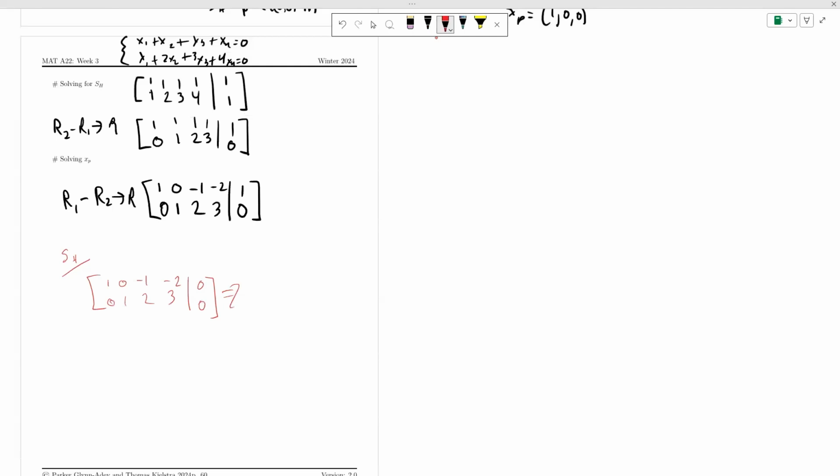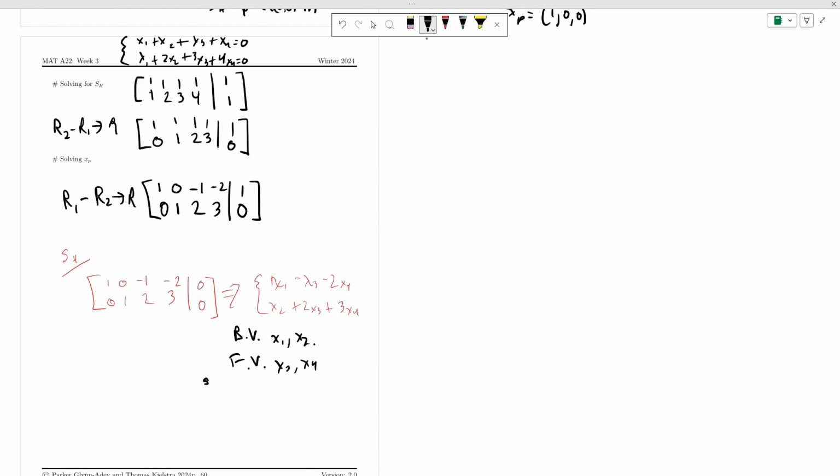And this gives us the system of equations x1 minus x3 minus 2x4, x2 plus 2x3 plus 3x4. And my basic variables are x1 and x2, and my free variables are x3 and x4.